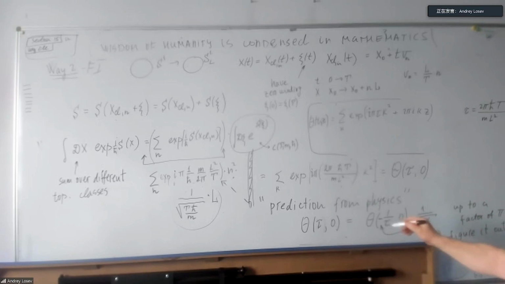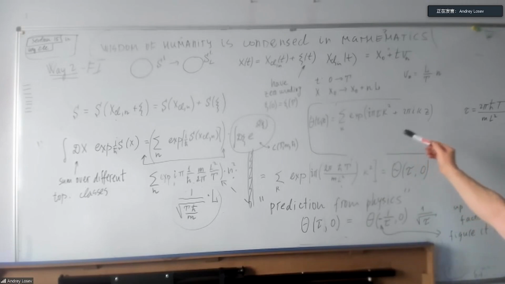So how will we figure it out? The idea is to try to find such a formula. You see, if you go to Wikipedia and get a formula, it is instructive, but not that instructive.